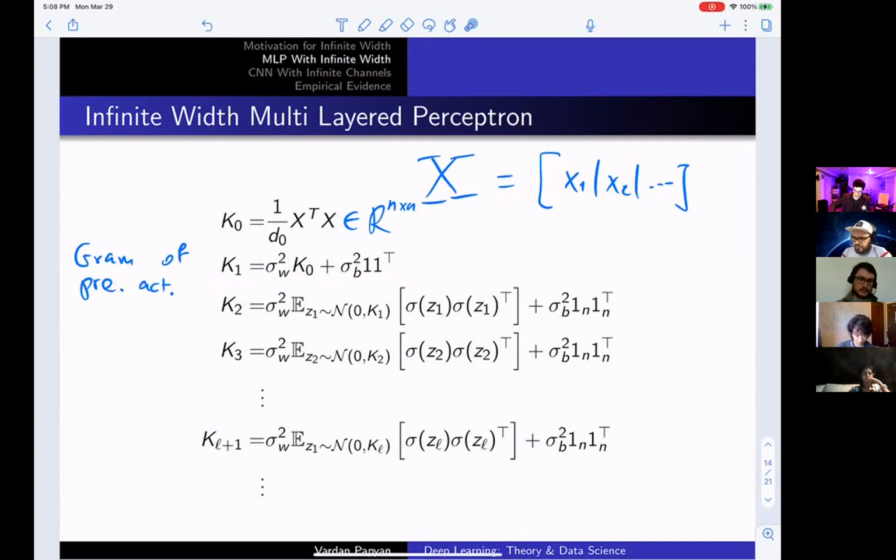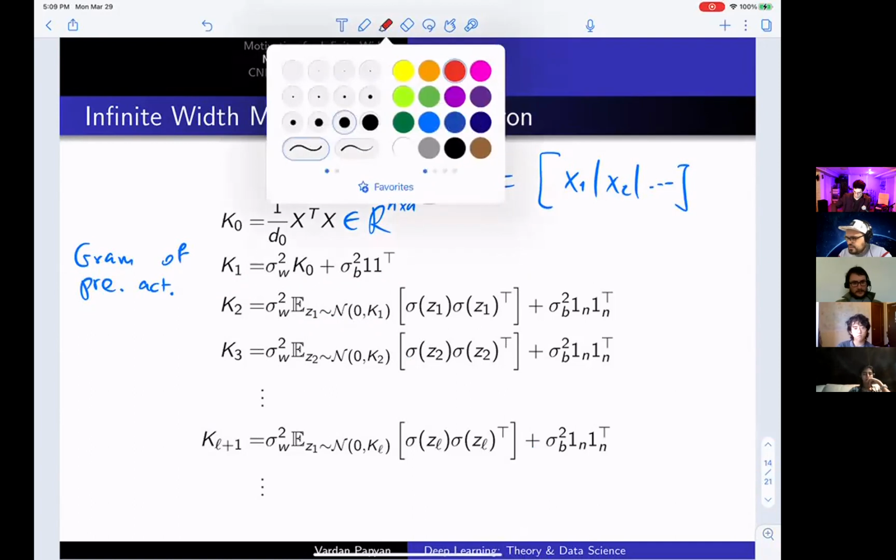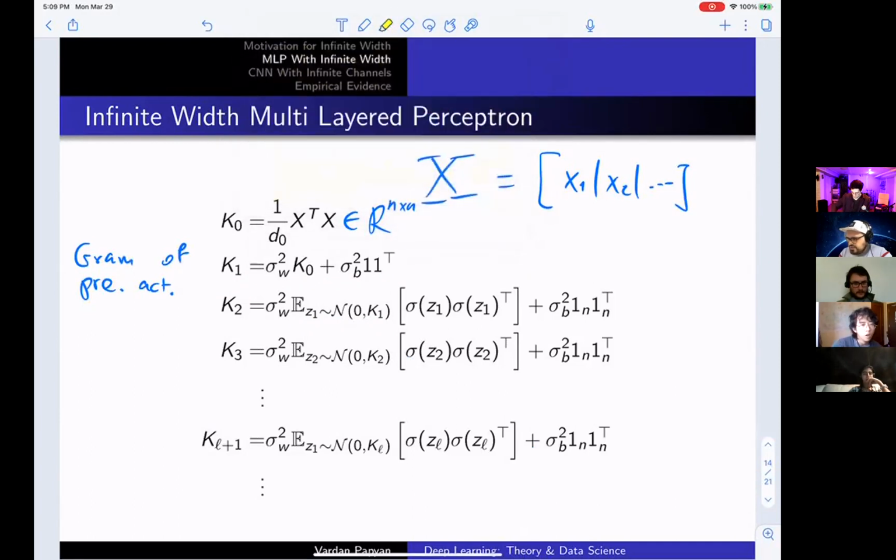And then the beautiful thing happens, which is we take K1 and we calculate using K1 an expectation over Z1, where Z1 is distributed normal K1. So let me highlight this so it's super clear. So this is K1, right? And we know that Z1 is distributed normal 0, K1.